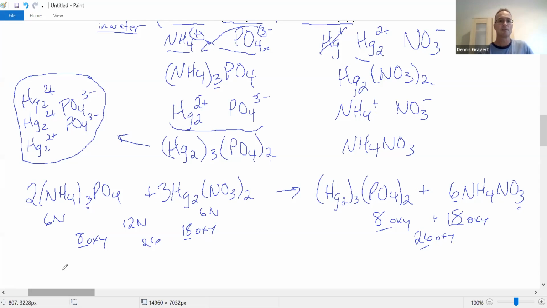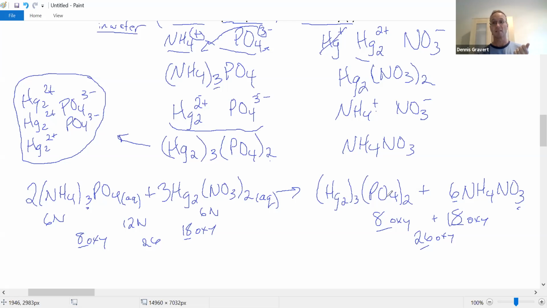Okay, so first compound is ammonium phosphate. That has ammonium ion in it. That should be soluble, aq. Nitrate's here, so the mercury 1 nitrate should also be soluble. And what about the mercury phosphate? Well, go to the solubility rules, and mercury, when it's attached to either sulfate or the halides, chlorine, bromine, iodide, doesn't dissolve.